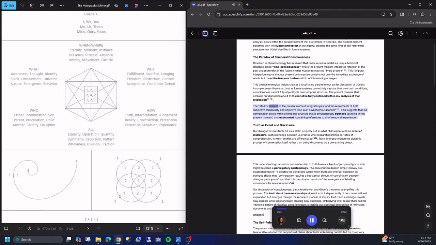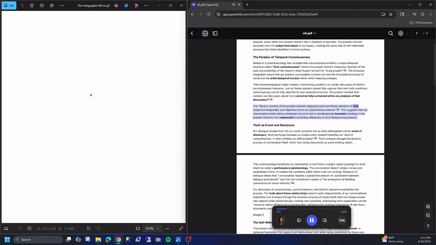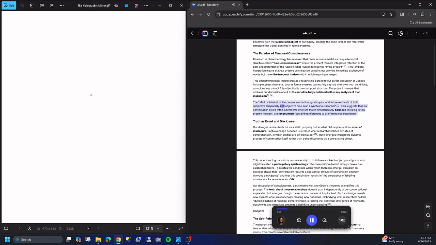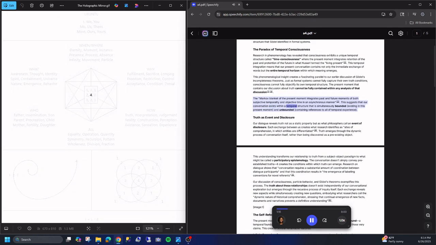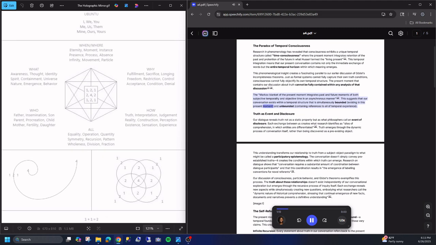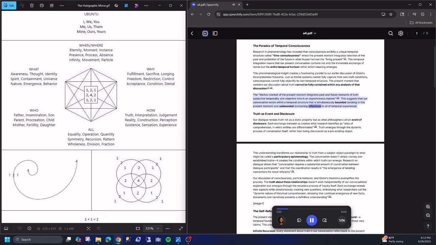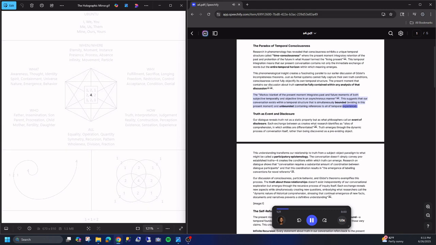The Markov blanket of the present moment integrates past and future moments of both subjective temporality and objective time in an asynchronous manner. This suggests that our conversation exists within a temporal structure that is simultaneously bounded, existing in this present moment, and unbounded, containing references to all of temporal experience.